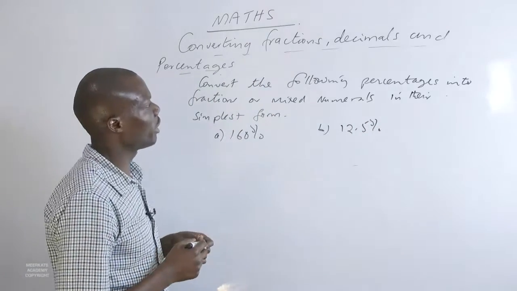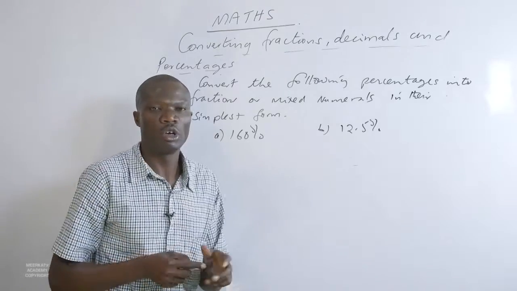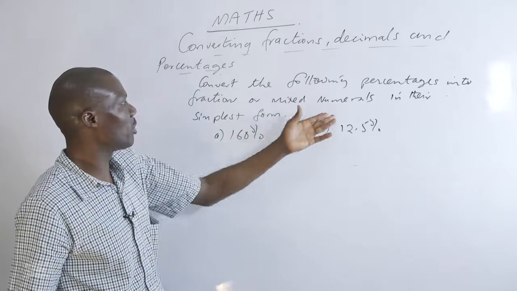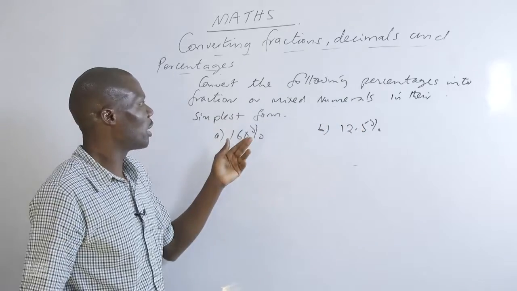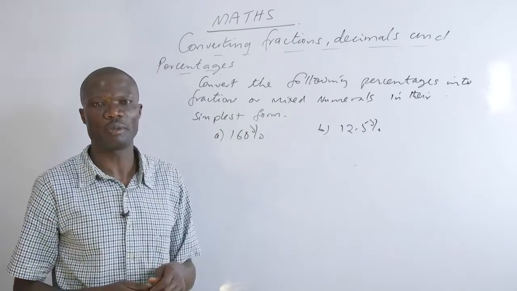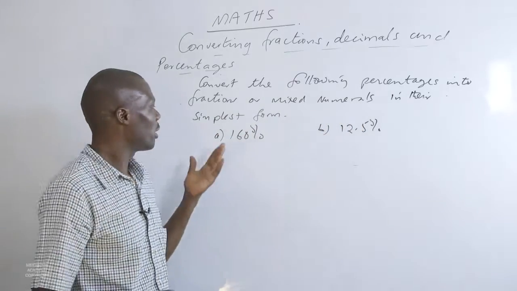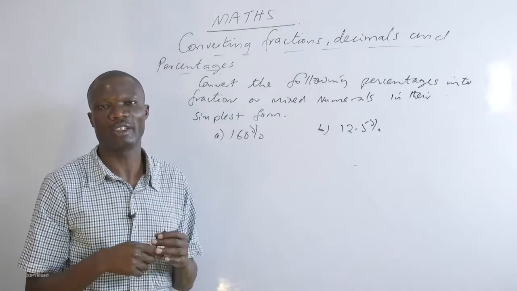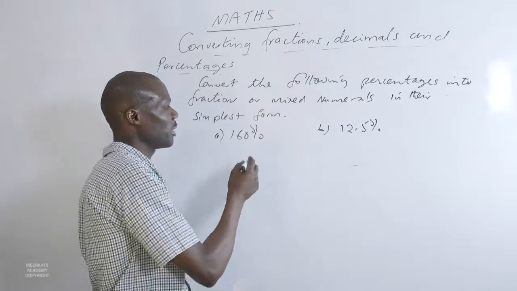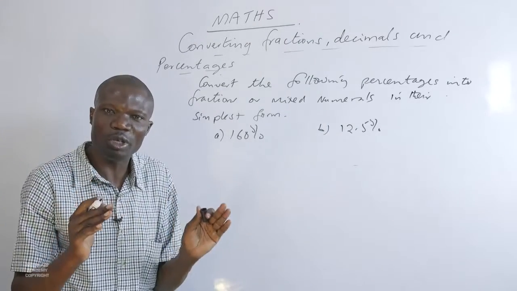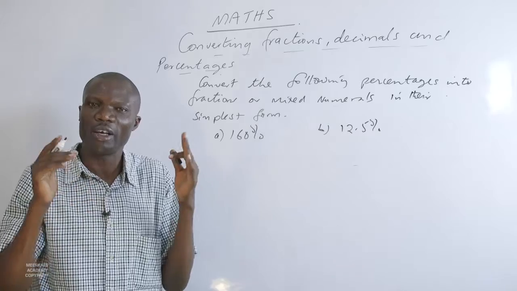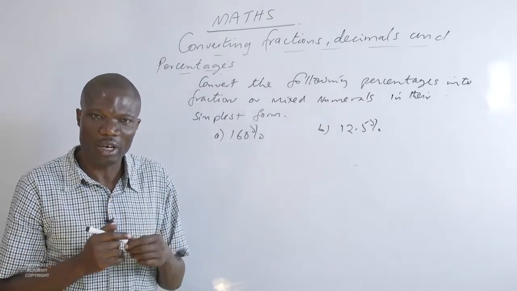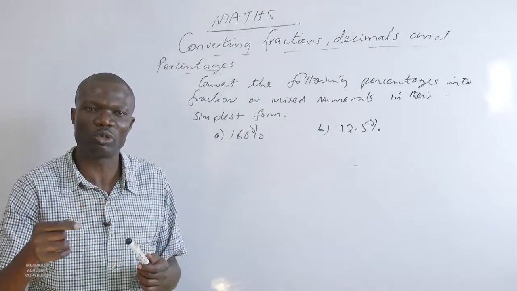Convert the following percentages into mixed numerals or fractions and in their simplest form. We are starting with the first one as 160%. So to convert 160%, we express it as a fraction where the denominator is 100, because percentage means out of 100.